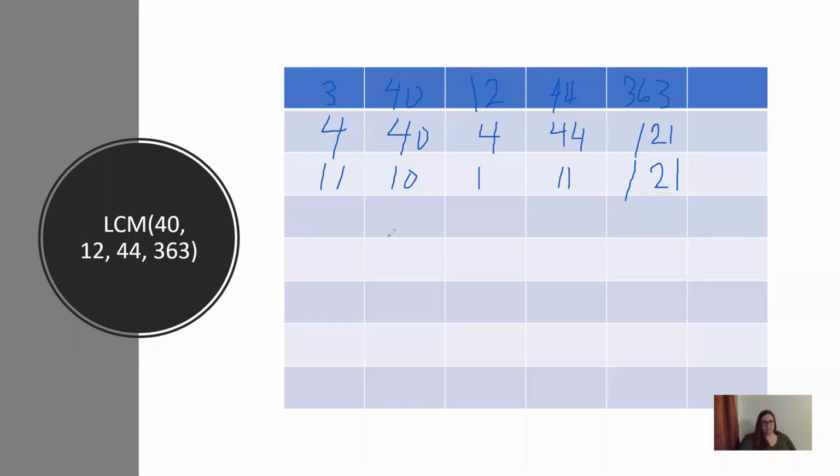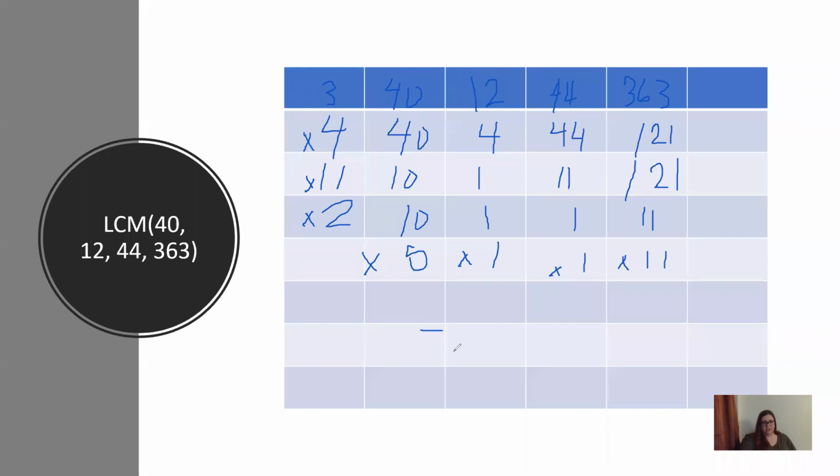Let's try 11. 11 goes into 11 once, and 121 divided by 11 is 11. Okay, now let's try 2. This goes down to 5, keeping 1, and we have to keep 11. So we have 3 times 4 times 5 times 11 times 2 times 5 times 1 times 1 times 11.